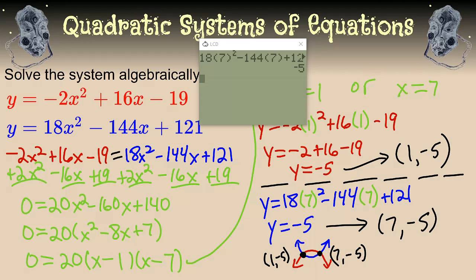And another interesting thing here is that if we think about the line of symmetry, it has to be halfway between these 2 points because they have the same y value, which means that the vertices have to have the same x values. And the vertices have to be halfway between 1 and 7.